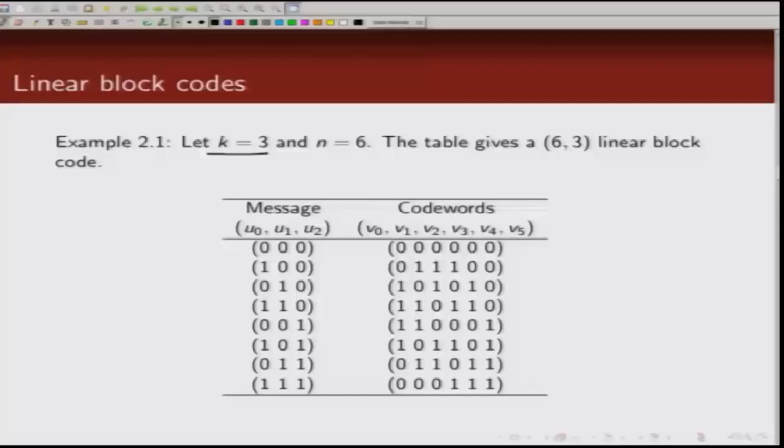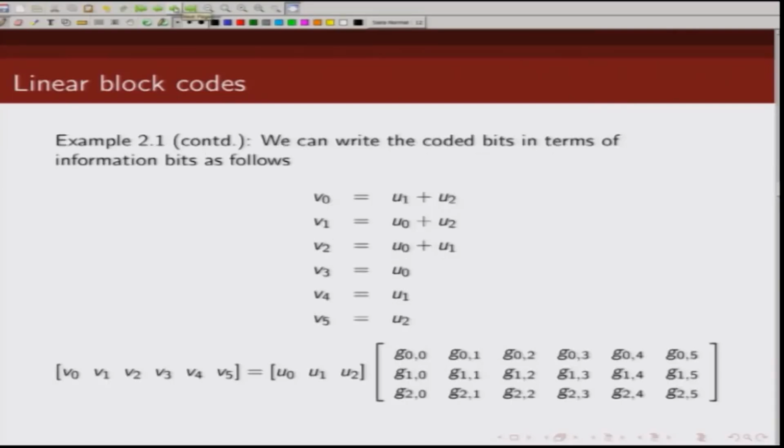So, first thing we are going to do is look at each of these code bits V0, V1, V2, V3, V4, V5 and write them in terms of U0, U1, U2. Okay. So, let us look at each of these. V0 is U1 plus U2.